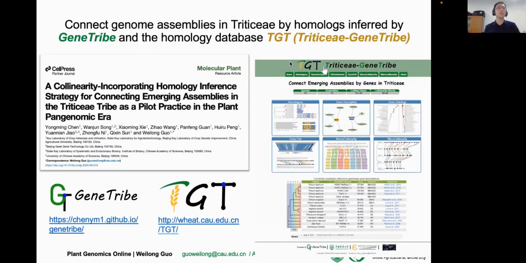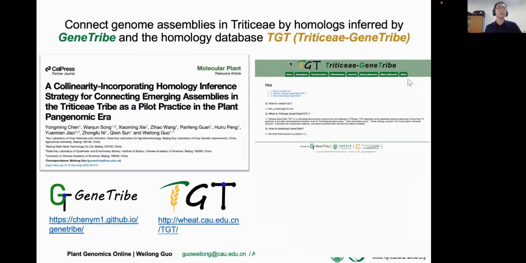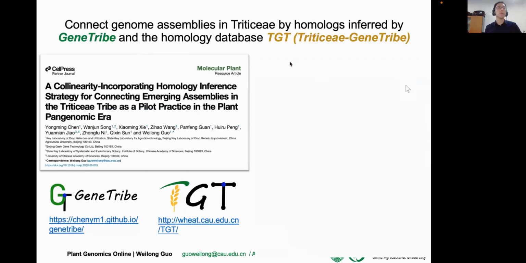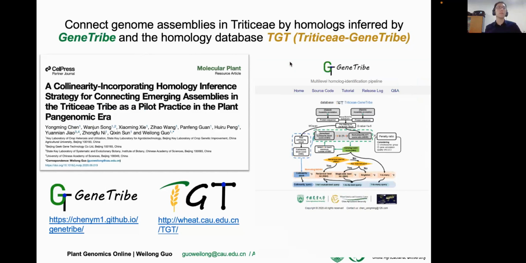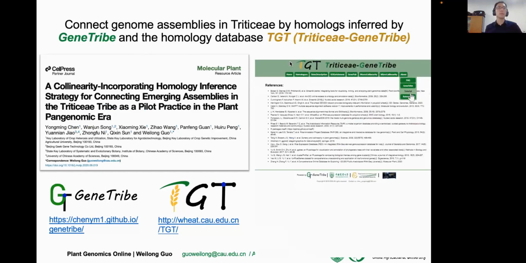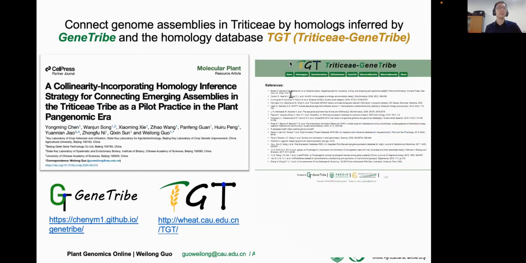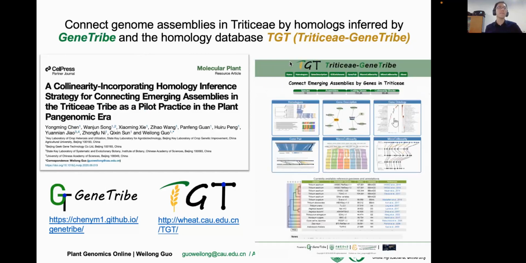We'd like to introduce our work, published in 2020, aiming to establish the global homolog inference method GPF. Additionally, a homolog database was developed, which is currently widely used, especially by the community.